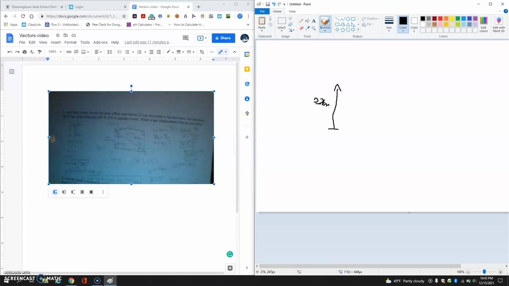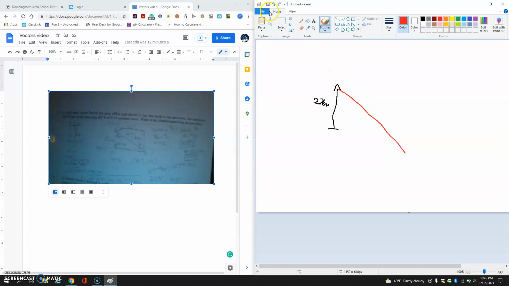I eliminate one step, but so then you have 47 kilometers, 60 degrees south of east. So you have your 22 kilometers here. Then you have 47, which is going to be long, like this.